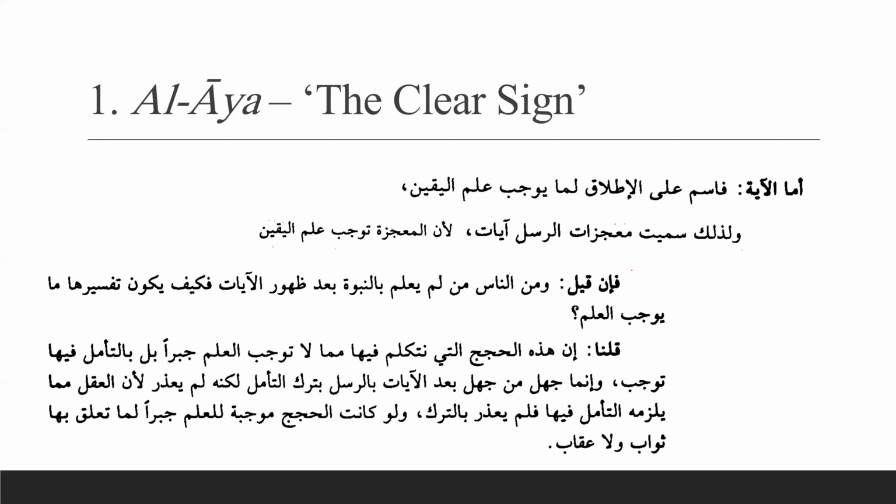He then raises a question. You might ask, but there are some people who don't know about the prophethood of a prophet. They were not certain of it, even after these clear signs came. So how can you say an ayah is that which gives certain knowledge?